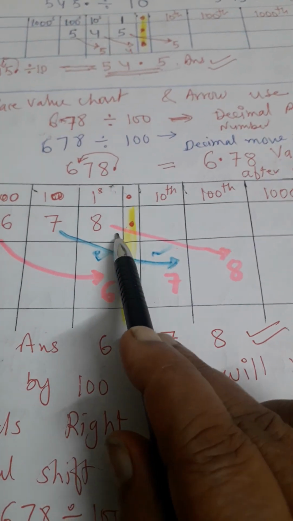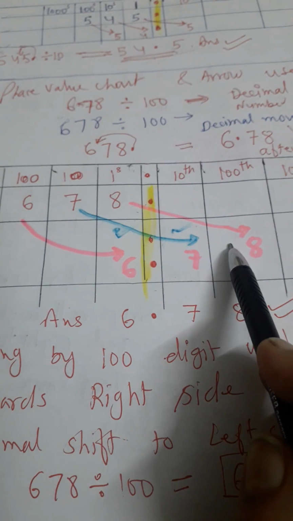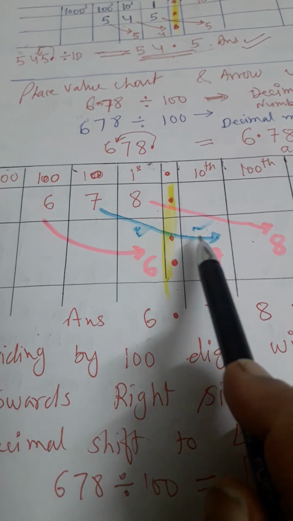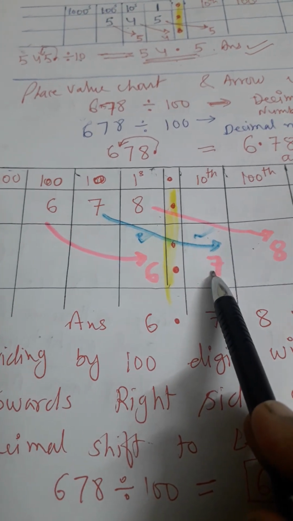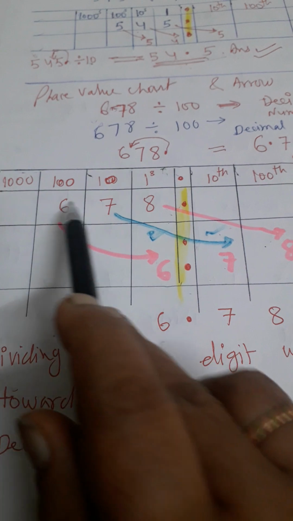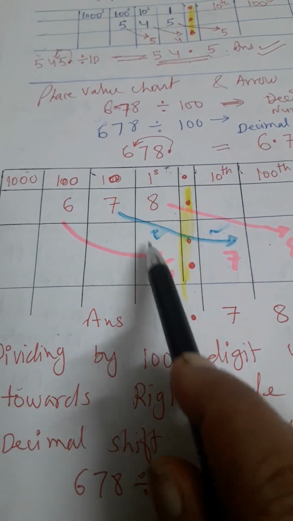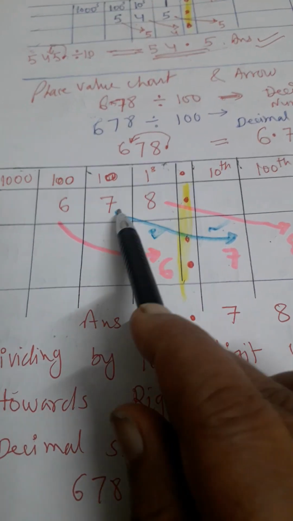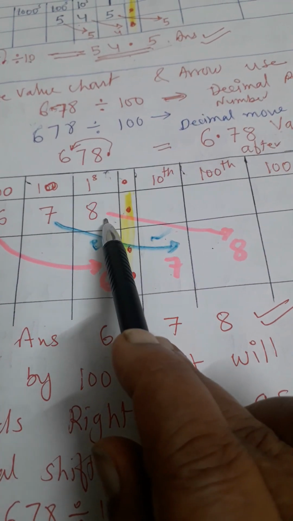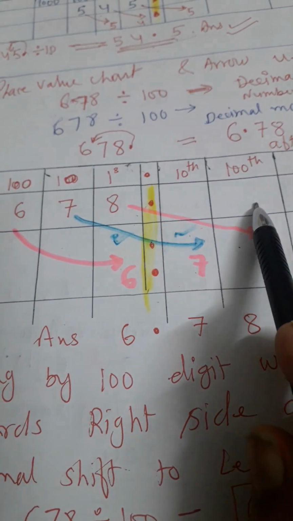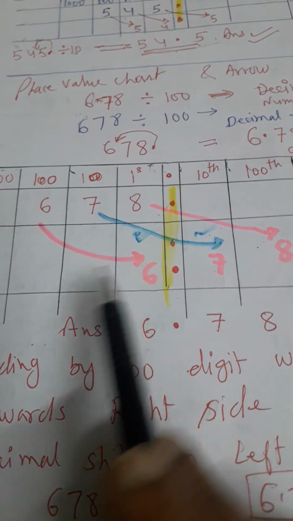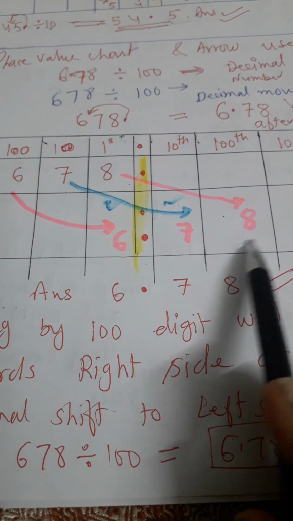Okay, so here 8 is coming to this side, second column. 7 will jump to the first column, second column. This column will be left. Now this will be shifted to this column and this column. 2 columns from here, second column. Okay, now it will be 6.78.